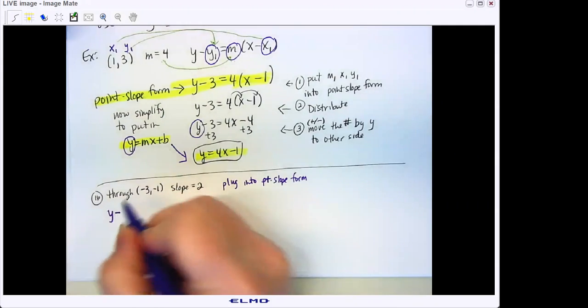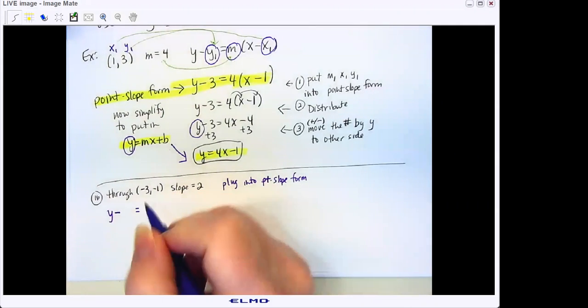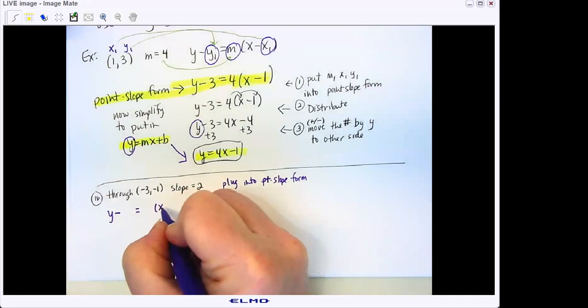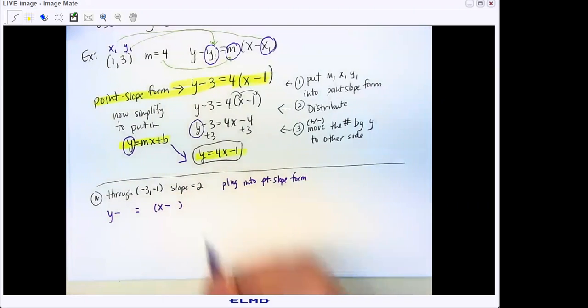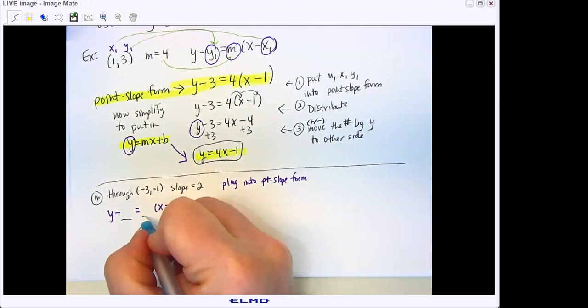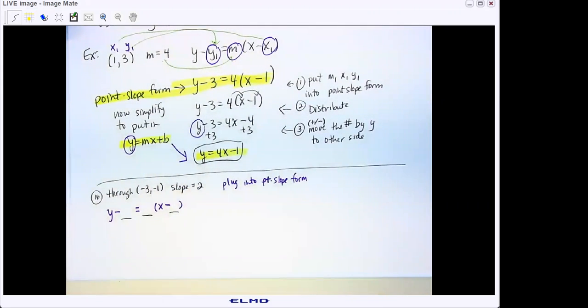So y minus something equals something times x minus something. You're going to plug in this number, that number, and that number. Put done in the chat box when you've plugged it in.